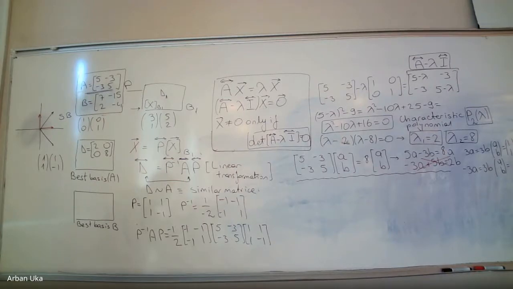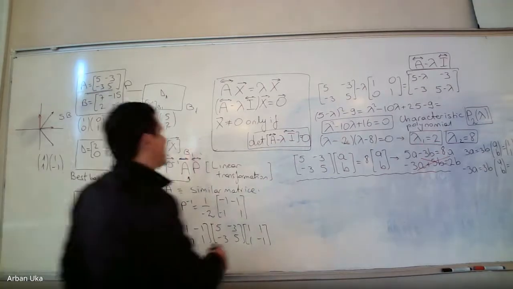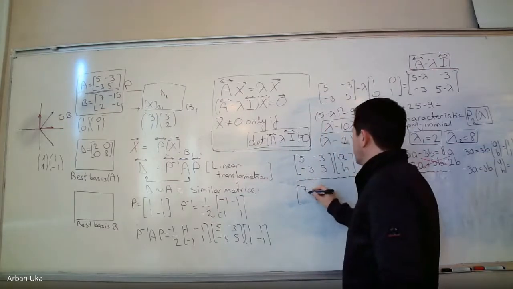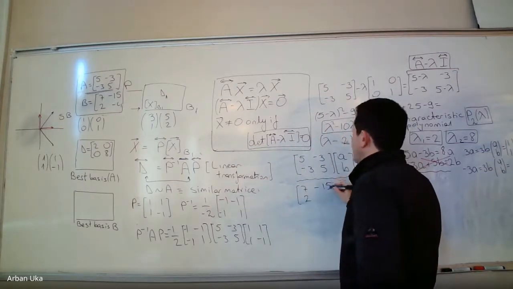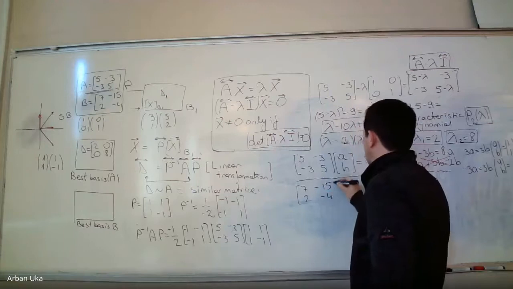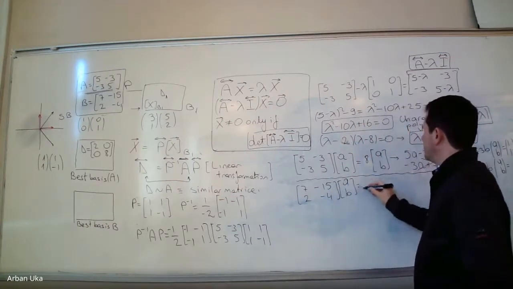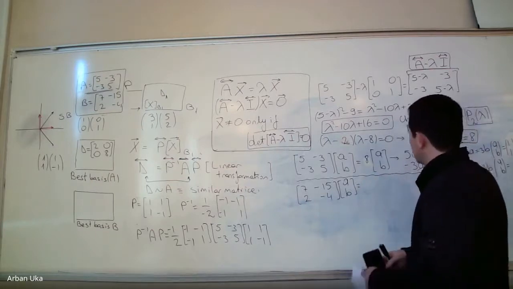In a similar way, we can also have a look at the other matrix, which is matrix B, with 7, 2, -15, -4. No, we shouldn't do this yet.